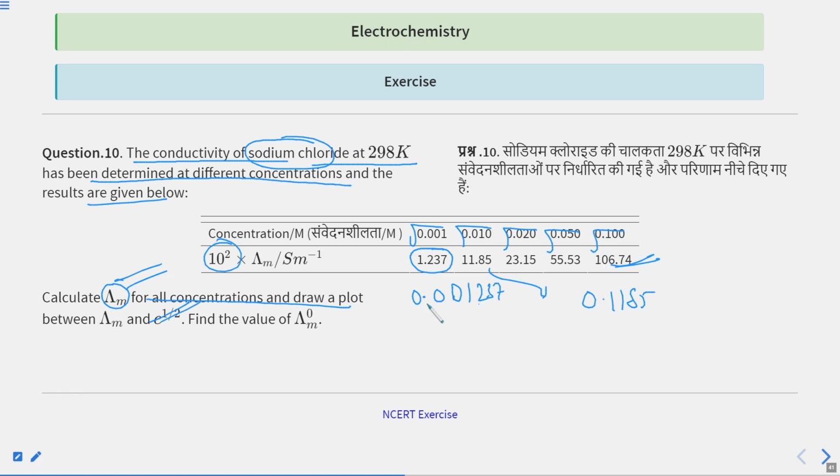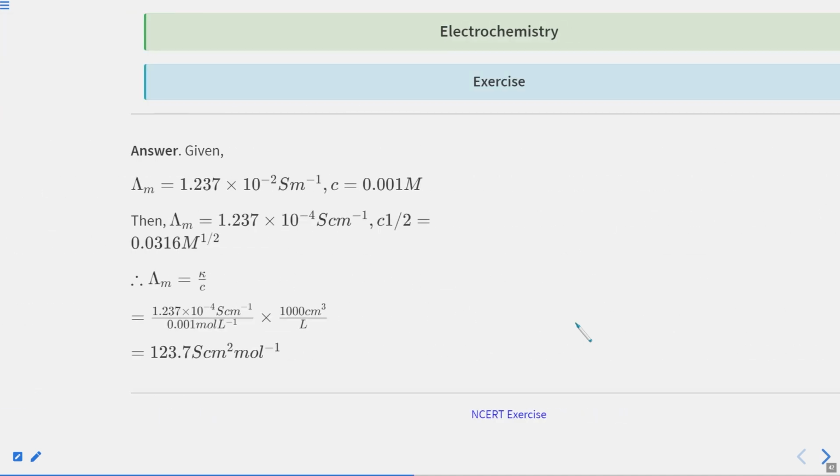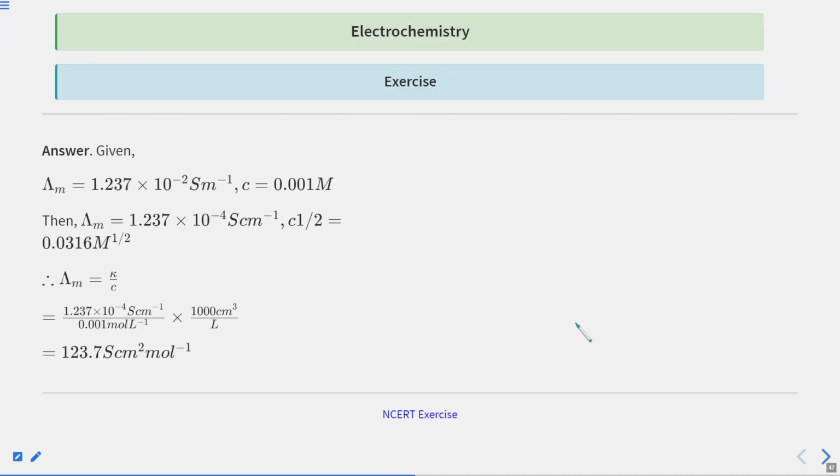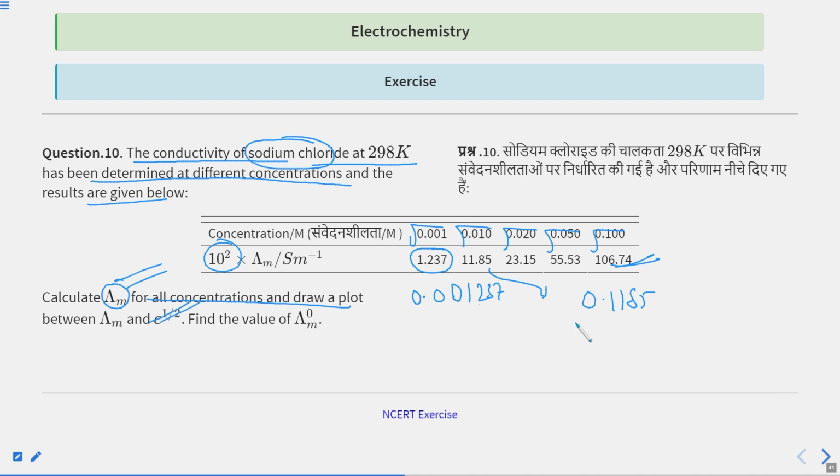Once you plot this, we know from the equation that lambda m equals lambda naught m minus a root c. Whatever the intercept will be is your lambda naught m. Y equals mx plus c. If you compare the Debye-Huckel-Onsager equation and this equation, you will find that your intercept, that is your C, equals lambda naught m. So first plot this graph, and we'll get the value. Clear?